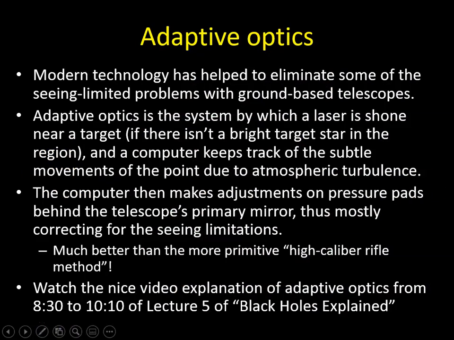Now, how can we get past this atmospheric turbulence? There are actually a number of methods, one of the first of which was proposed by Crazy Fritz Zwicky. He was called Crazy Fritz by his colleagues because he was a very caustic person in terms of personality, and he also came up with a lot of really crazy ideas, including things like the possibility that neutron stars could be created by supernova explosions, or that the great majority of the matter in the universe is composed of dark matter.